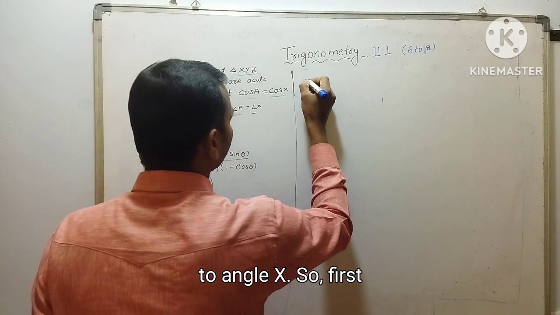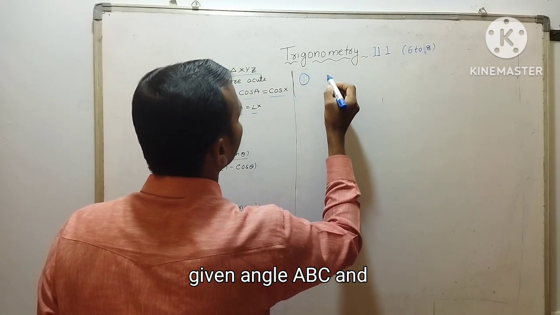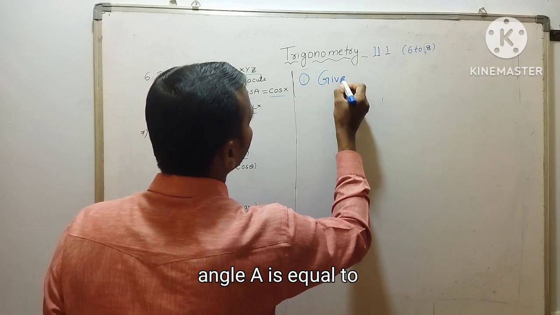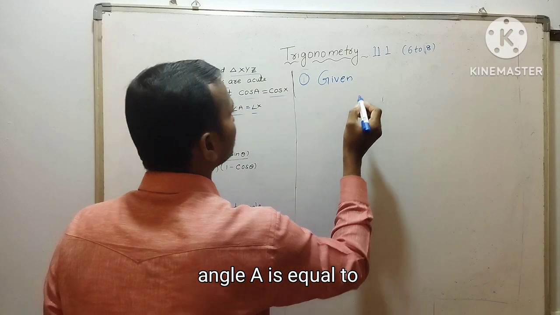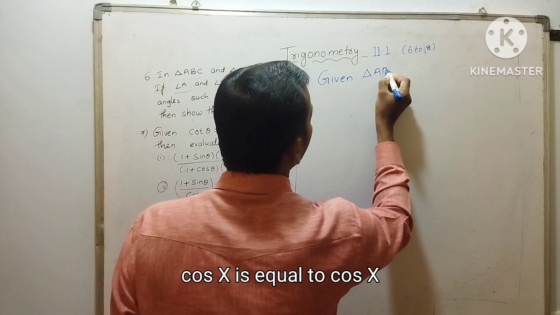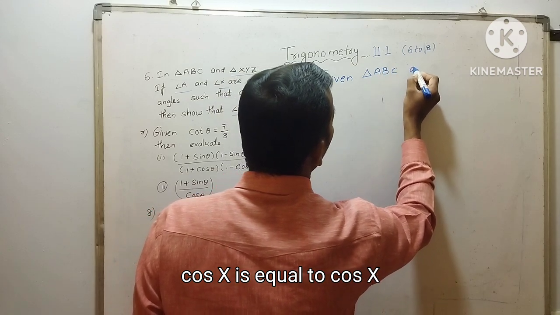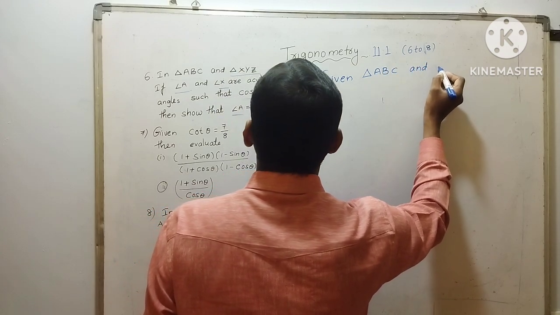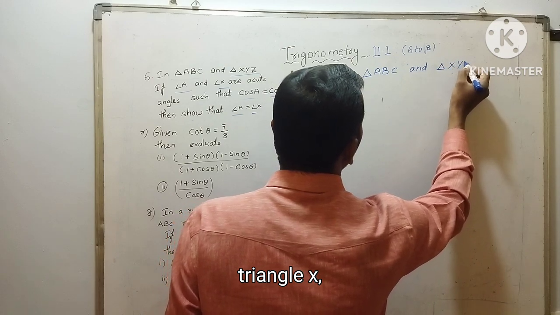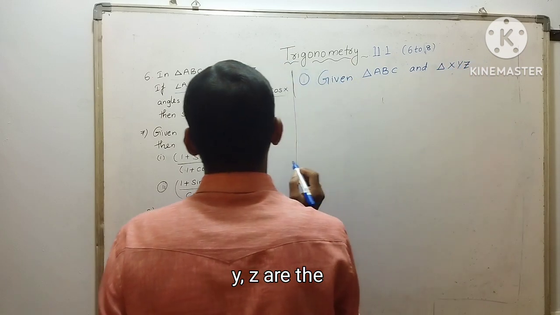So first, given: triangle ABC and triangle XYZ are the two triangles.